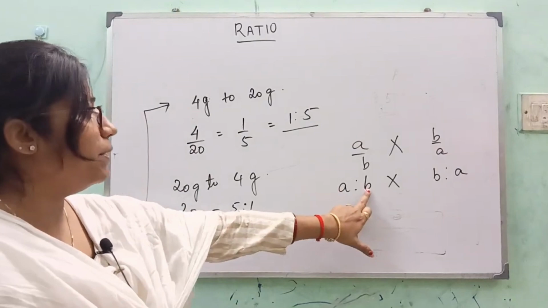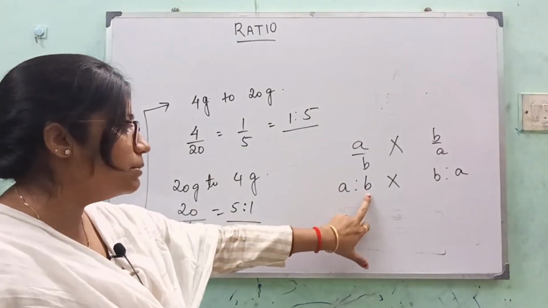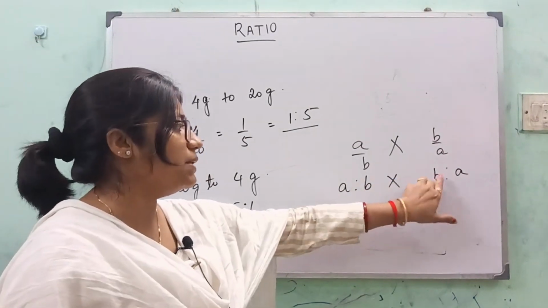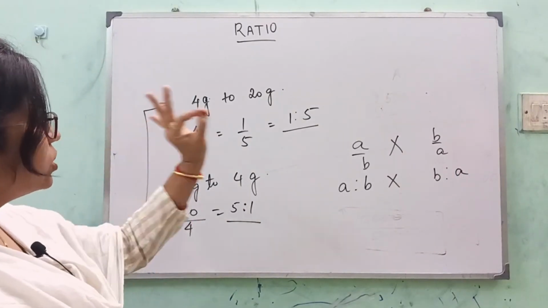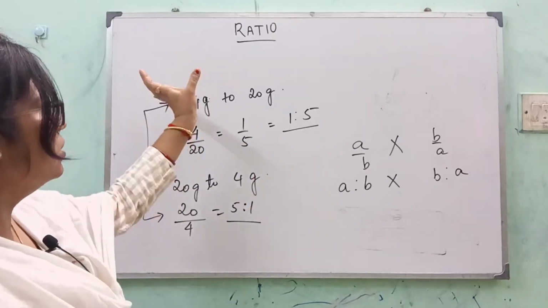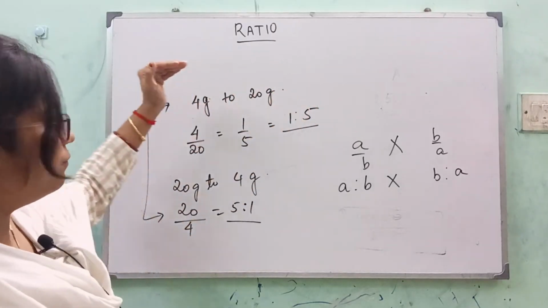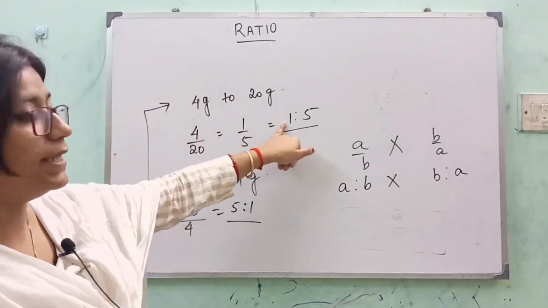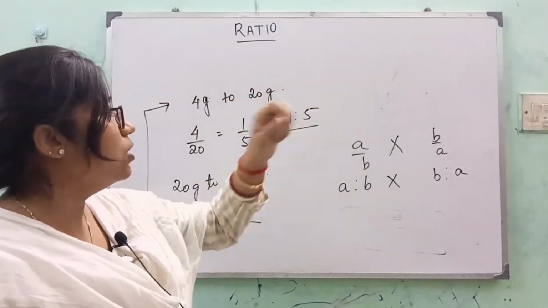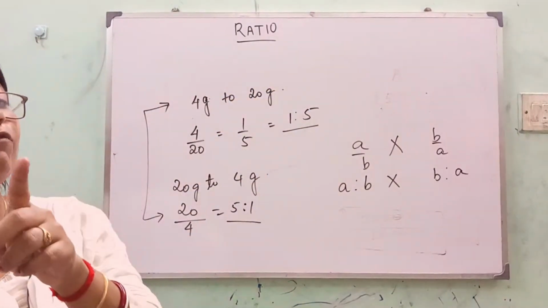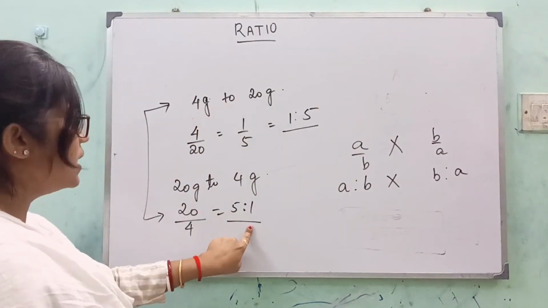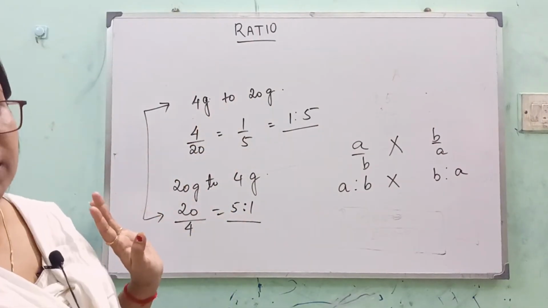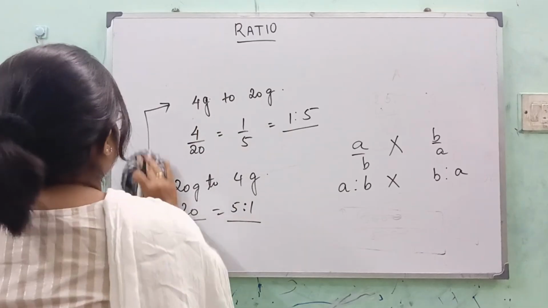A is to B means the first term is A and second term is B. In this case, the first term is B and second term is A. So be very careful about what is to what. The first term takes the first place, the antecedent's place. The second term takes the consequent's place. So be very careful when you are placing the terms. If you are asked this and you give this answer, then you get a 0 over there. So be very careful.